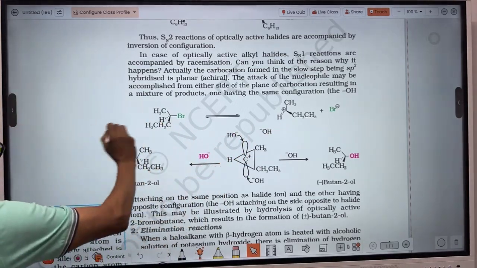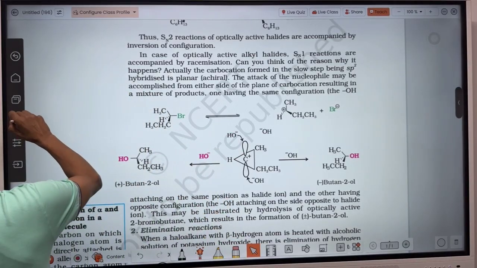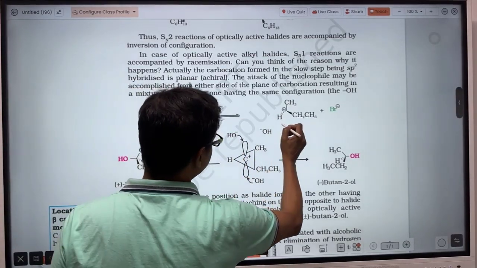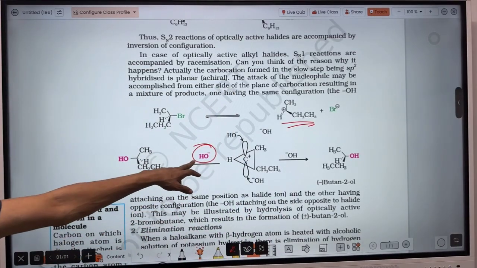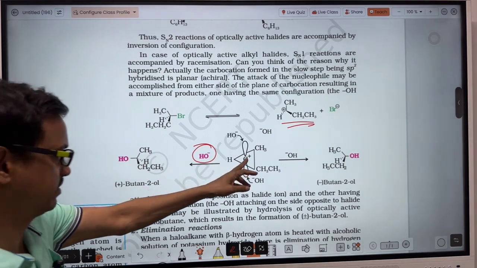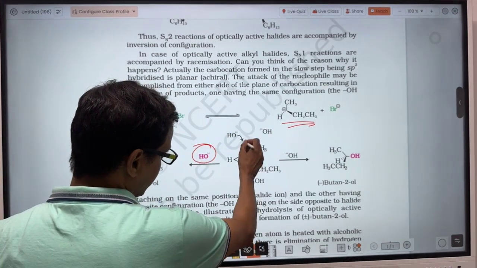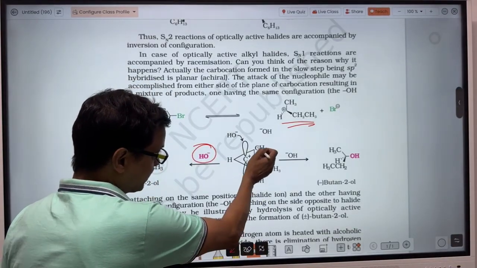What is here? When the reaction takes place through the SN1 mechanism, firstly there is formation of a carbocation. Then the nucleophile, the OH minus ion, will approach from some direction. The shape becomes trigonal planar.